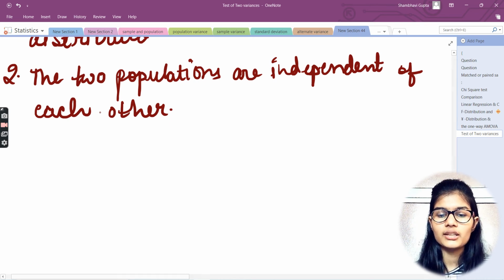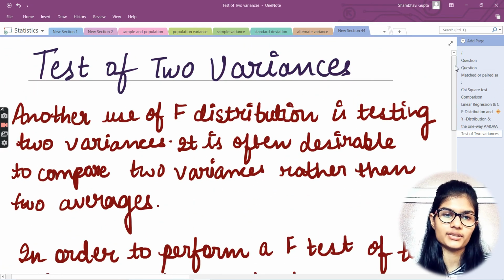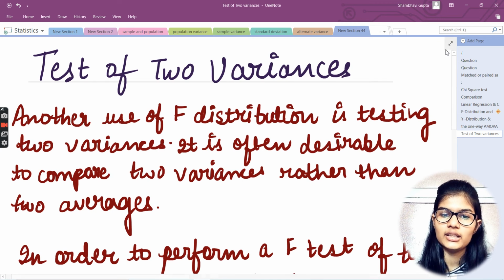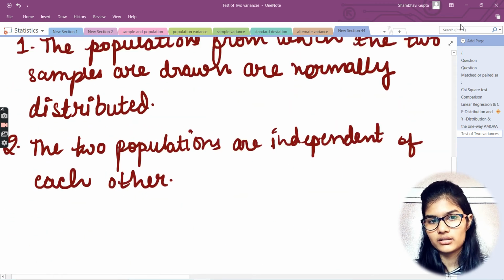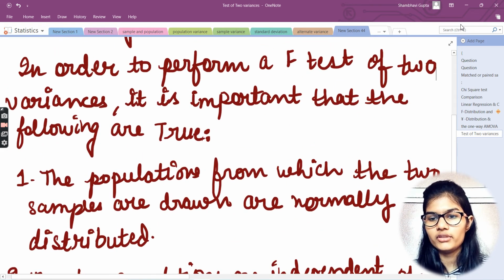Now, let me go above for a short while and see what we have discussed. We discussed the test of two variances. We saw that a use of the F distribution is testing two variances. It is often desirable to compare two variances rather than two averages. In order to perform an F test of two variances, the conditions which I mentioned shall be true, otherwise it won't work.